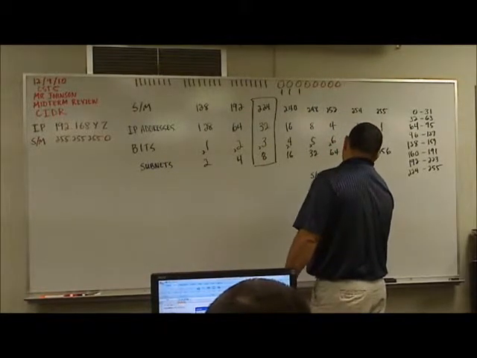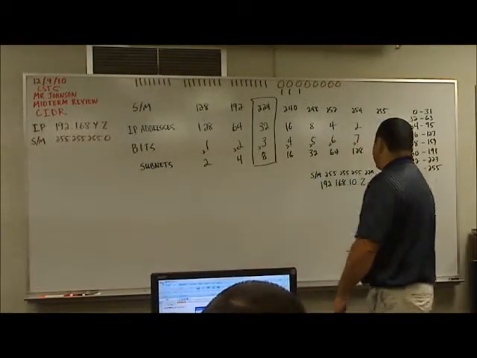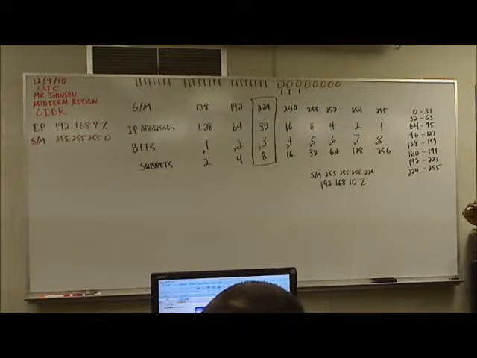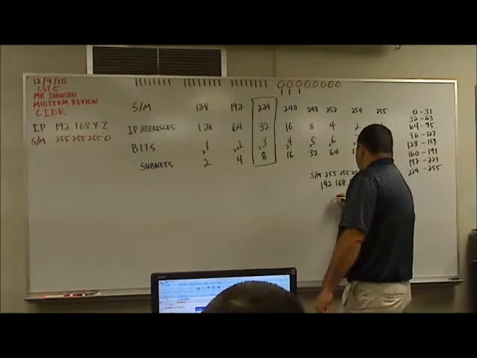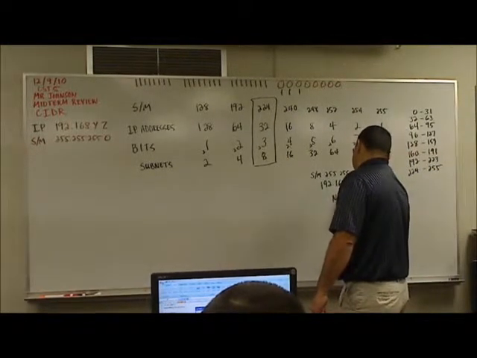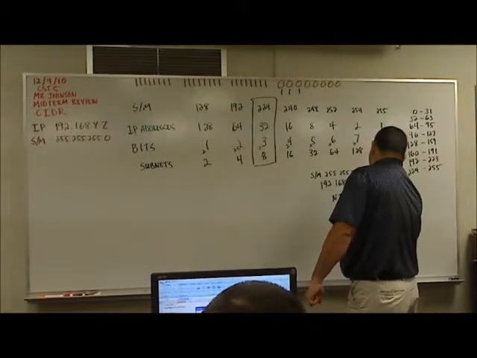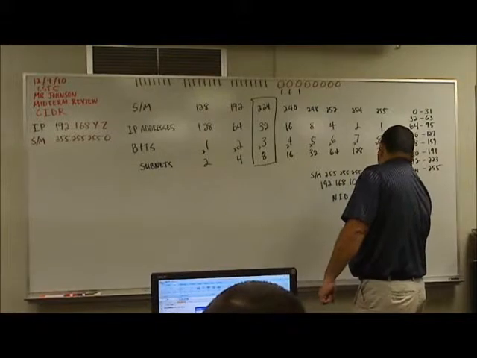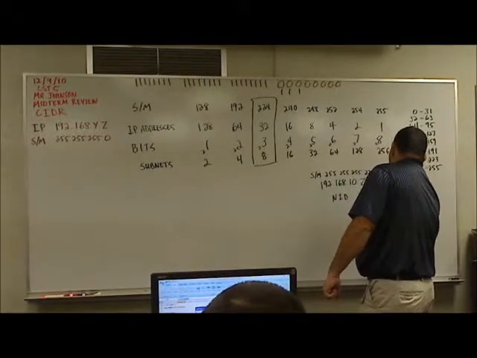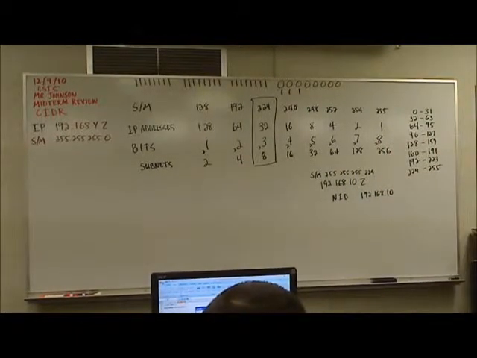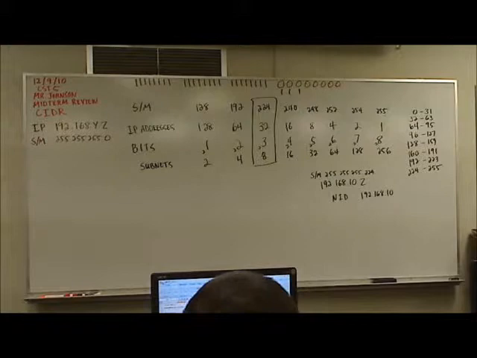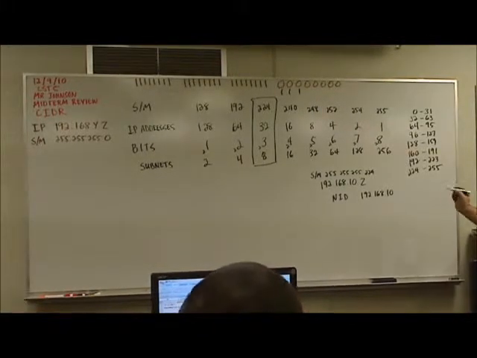So if we're going to use a default Class C, 192.168.10, now it'd be our network ID. Let's say we're going to use the 5th subnet. What's the network ID? 128.